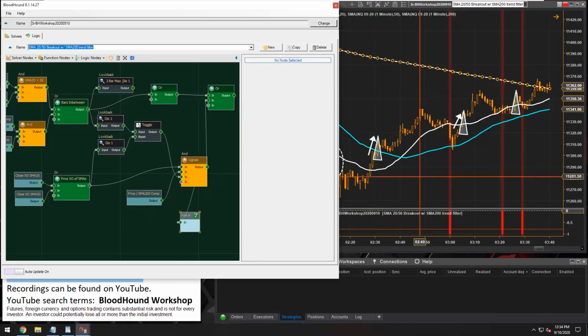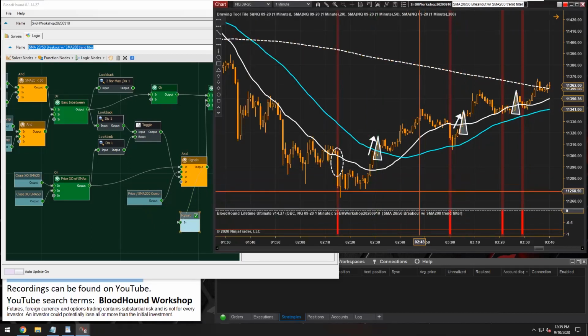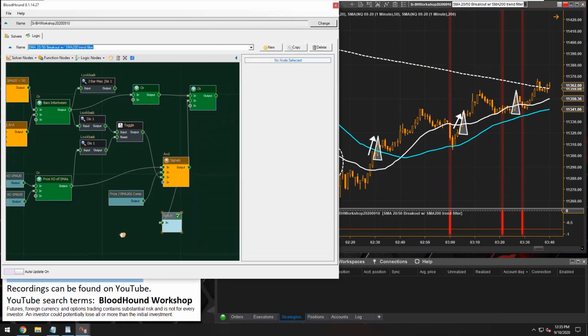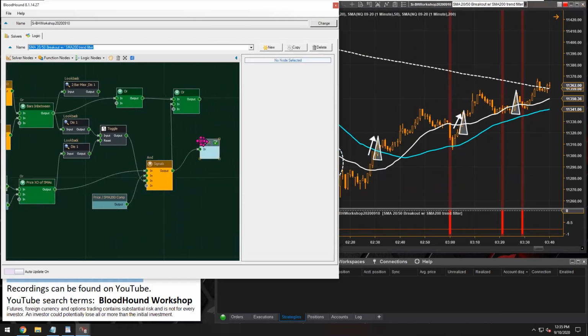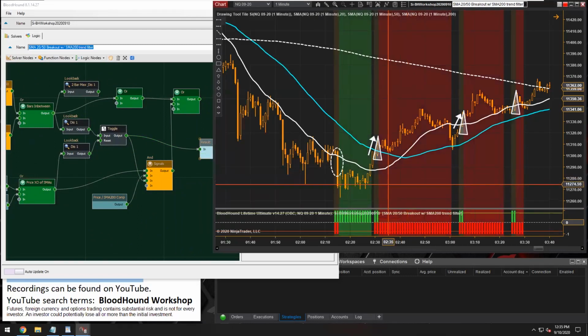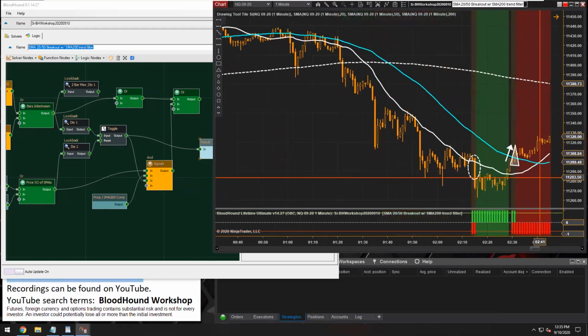Take a quick look. All right, it is working. However, our toggle node needs to be adjusted here. We can see that here. Let's zoom in.